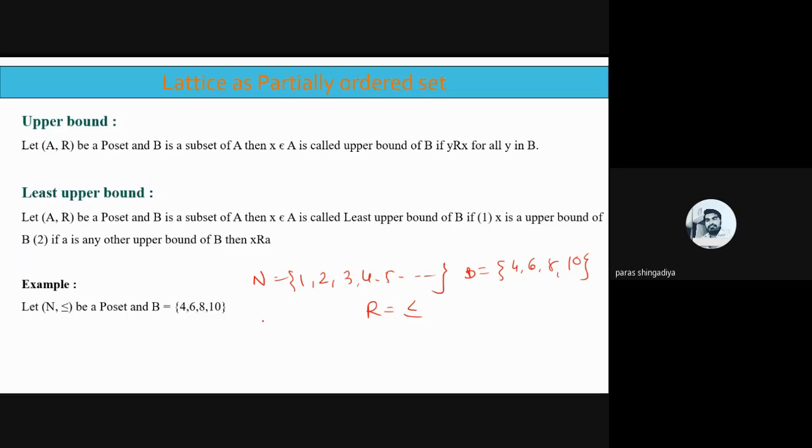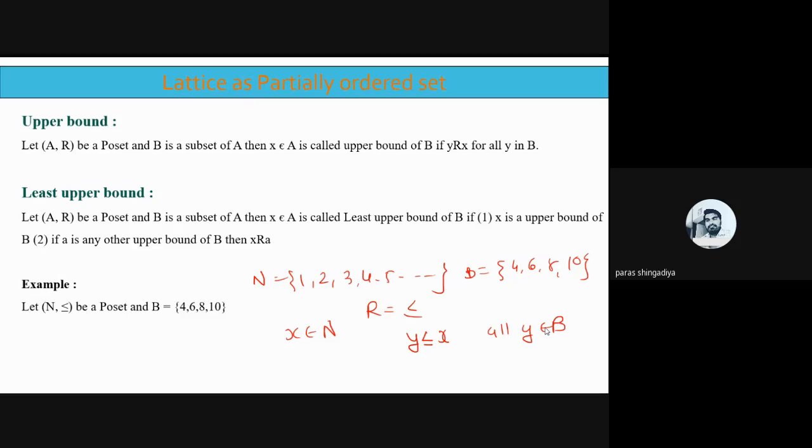Okay, so we'll consider a value of X from N, and we'll say this X is an upper bound if Y less than or equal to X is satisfied for all Y belongs to B. Okay, for all Y belongs to B, if this condition is satisfied, then we can say that this X is called the upper bound.